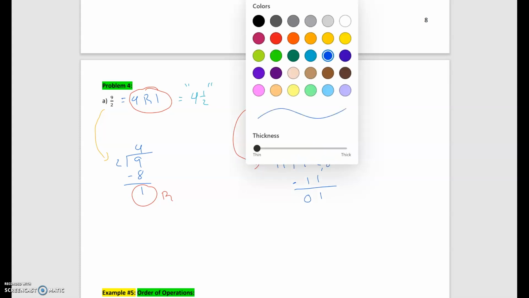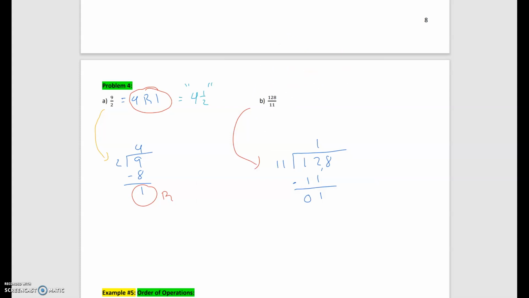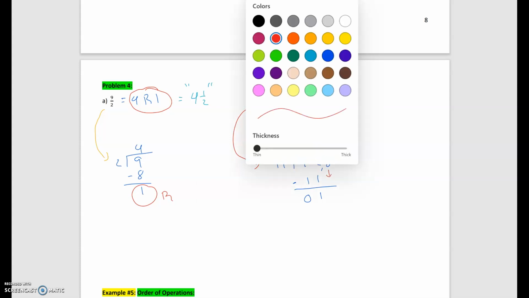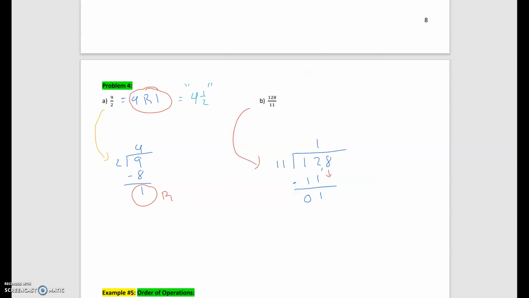At this point, we drop the next value. So that's going to allow us to carry on the division further. So once again, it's going to be another 1, and then our remainder is going to be 7. This one, I'll just write it as a remainder. So in this case, I'm getting 11, remainder of 7.